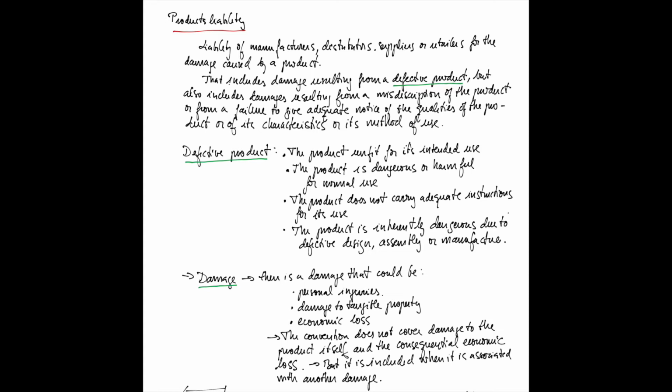This is a defective product. And in these cases, we can have a damage, and the persons, I repeat, taking part in the production or distribution of the product could be liable for this damage caused by this product.